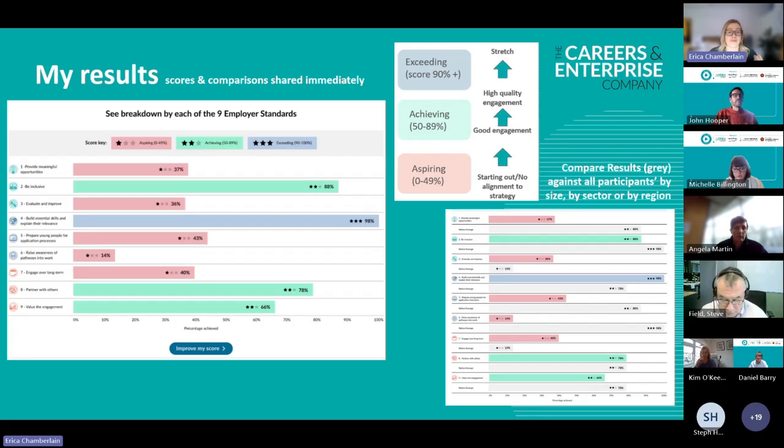Achieving means you've got really good quality delivery. Exceeding is where you've obviously had that as a top priority for your business and focused on it a lot. We don't expect all businesses to get to that point, which is why we've called it exceeding rather than something that's an expectation for all businesses.